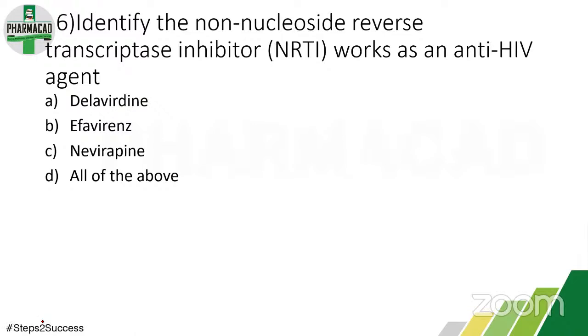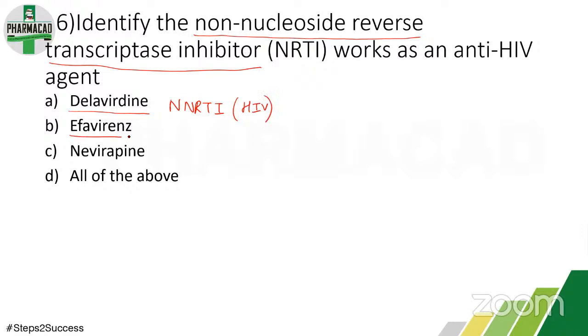The next question, identify the non-nucleoside reverse transcriptase inhibitor, NNRTI, which works as an anti-HIV agent. So the first option is Delavirdine. Delavirdine is a non-nucleoside reverse transcriptase inhibitor and it is against HIV.